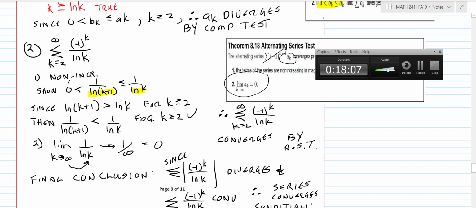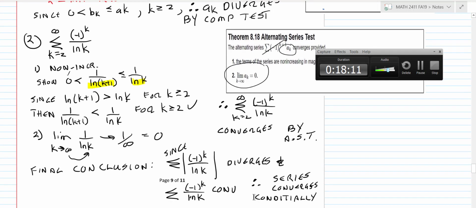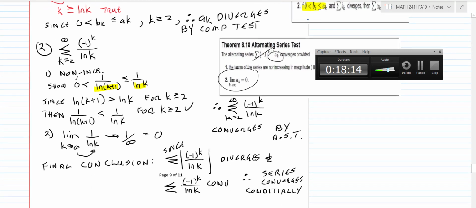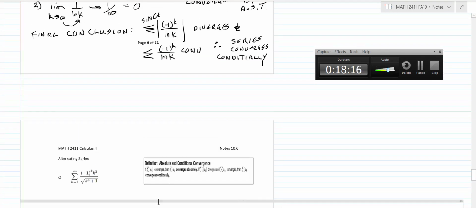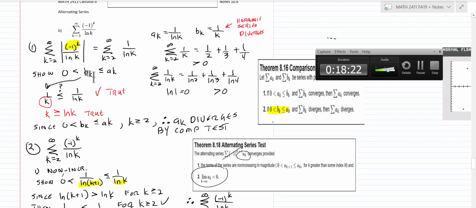Now, when you're doing this, the key thing is you need to be able to explain certain things as you're proving this. So to go over that again, when we did the absolute value of this, I think we ended up doing a comparison test. On the comparison test, what we really had to do is compare it with a series we know something about.